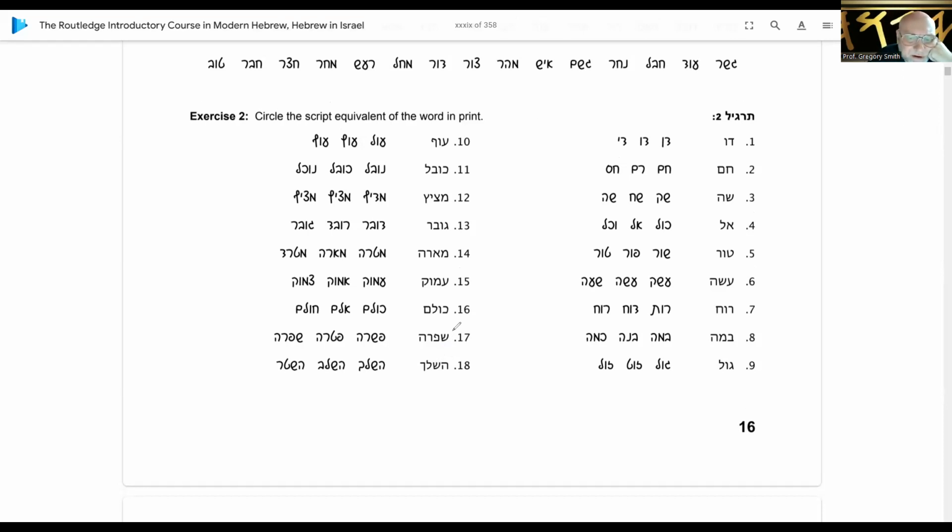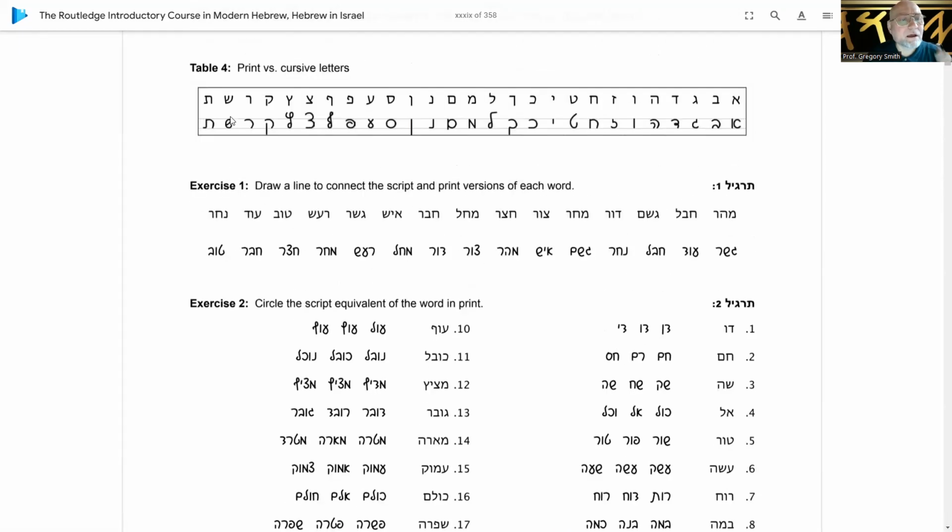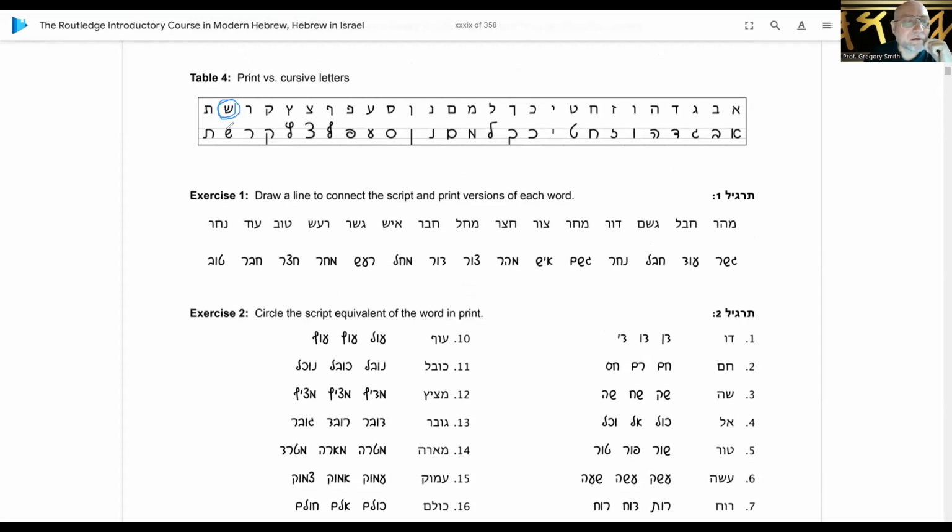Okay, so we gotta figure out what the sheen is in cursive here. And I seem to recall it looks like an E. But let me double check that. The cursive sheen looks like an E. Yeah, there it is right there. Okay, so here's the sheen in block script, and here is the sheen in cursive script.